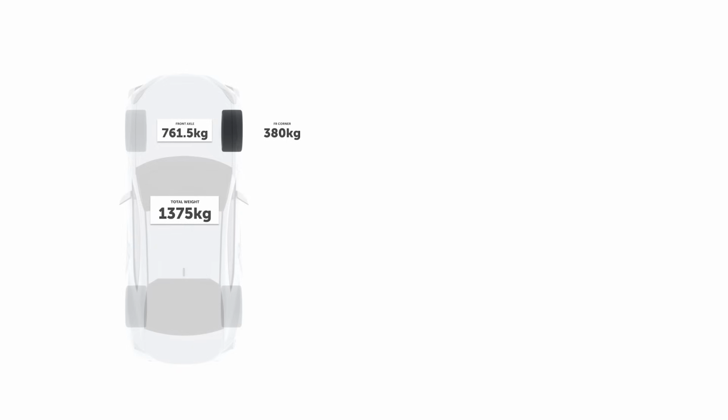Let's say for our case, we've measured the unsprung weight for one front and one rear corner. The unsprung front weight was 43 kgs and the rear 53 kgs. Now we can calculate the amount of sprung weight at each corner of the front axle. We take the total 380 kgs for one front corner, subtract the 43 of unsprung weight, giving us approximately 338 kgs of sprung weight for each of the front corners of the car.